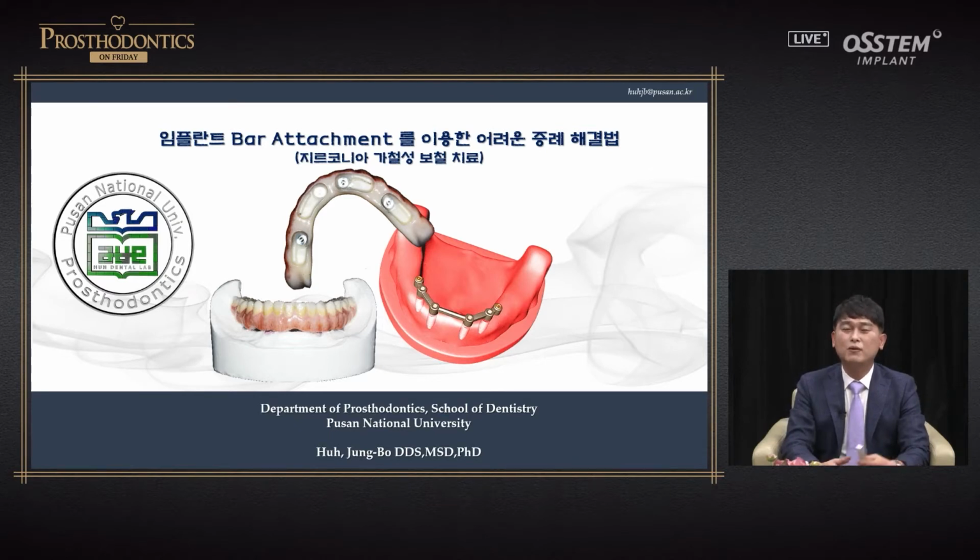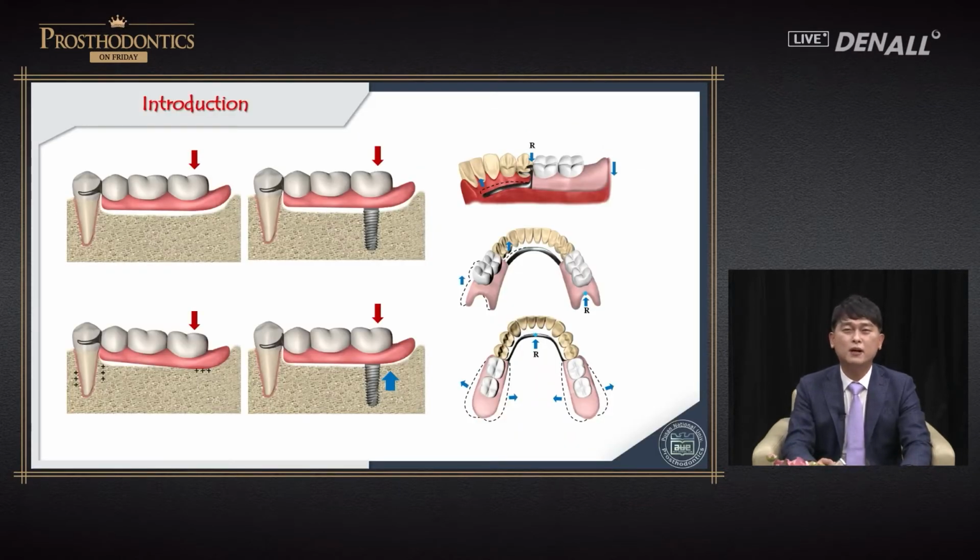Thank you. I'm going to talk about how to resolve challenging cases using implant bar attachment, a treatment using zirconia removable prosthesis. I have long studied partial denture, and you're looking at many clinical cases of it. There are two types of partial dentures. One is moving and the other one is almost not moving.